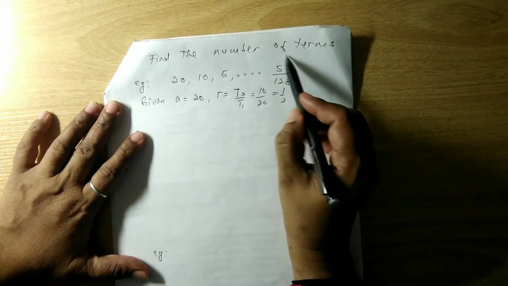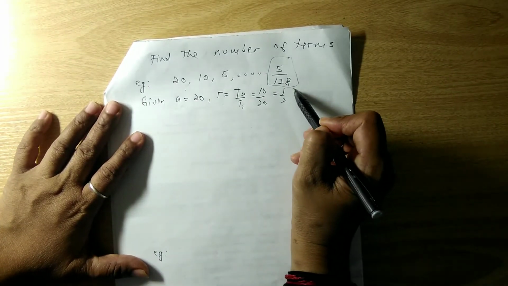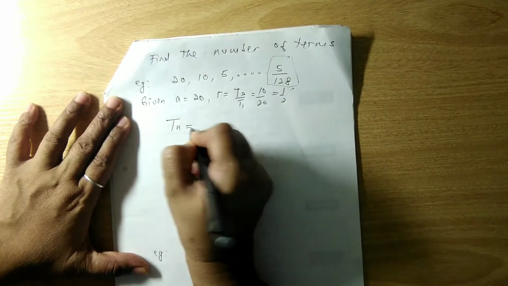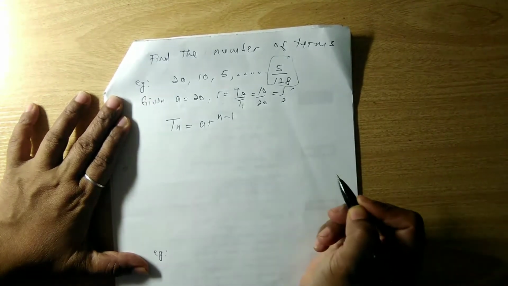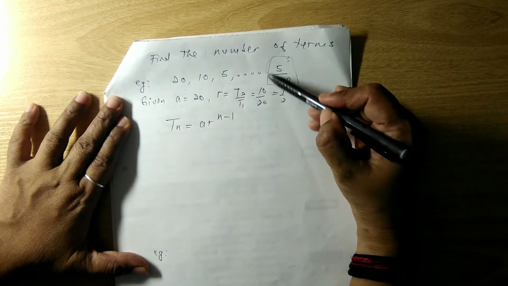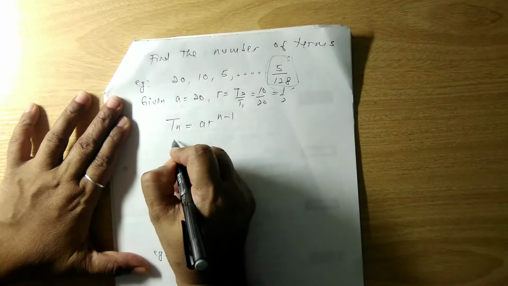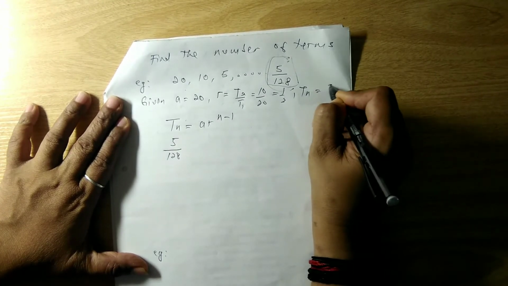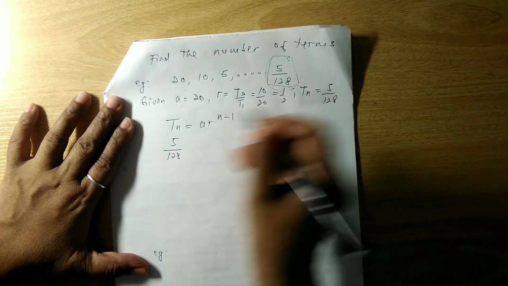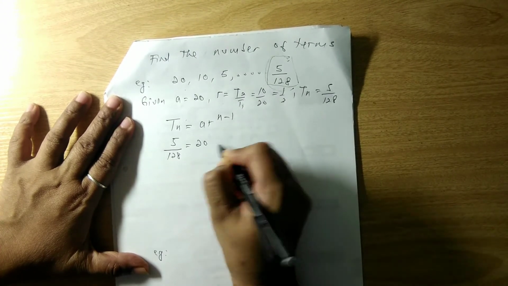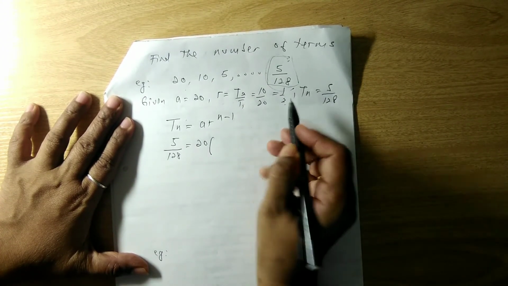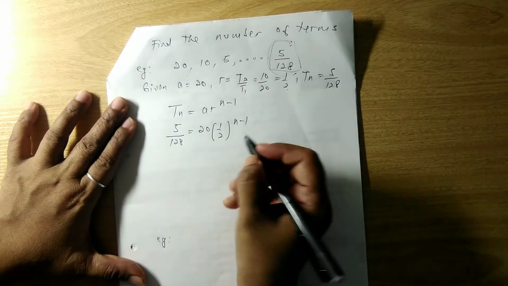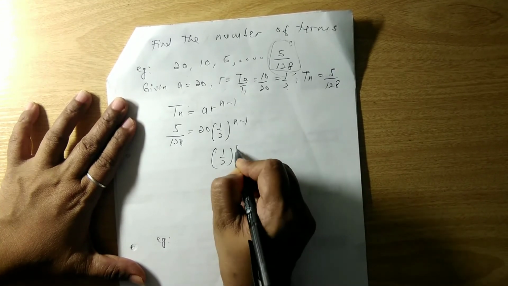Now this is my last term in the sequence. So what I'm going to use is ARn minus 1. This is my Tn, my last term, which is 5 over 128. So given Tn is 5 over 128, my A is 20, R is half just now, and n minus 1.